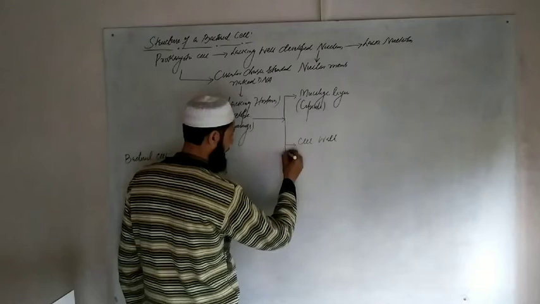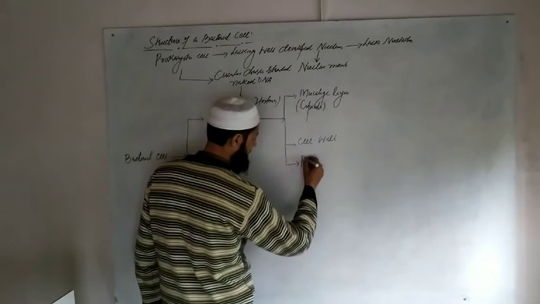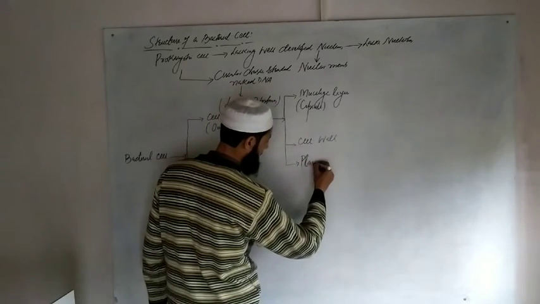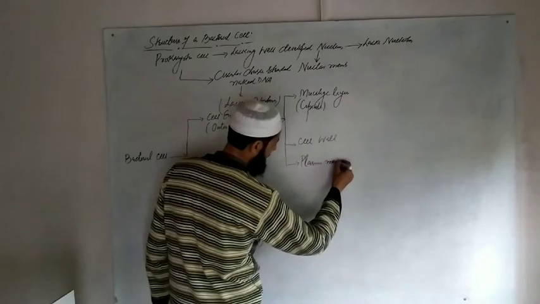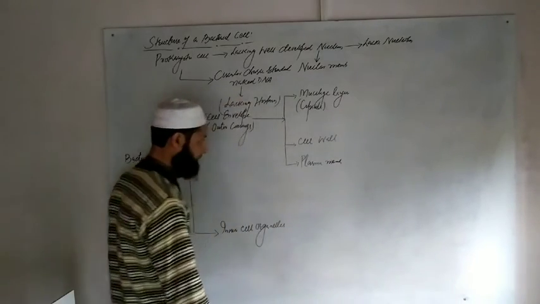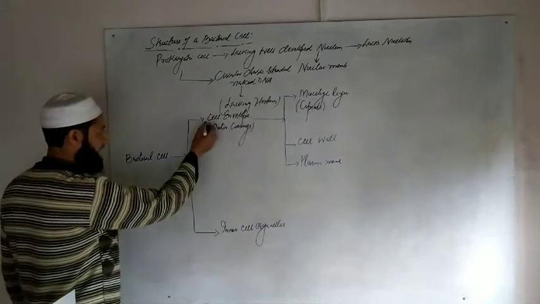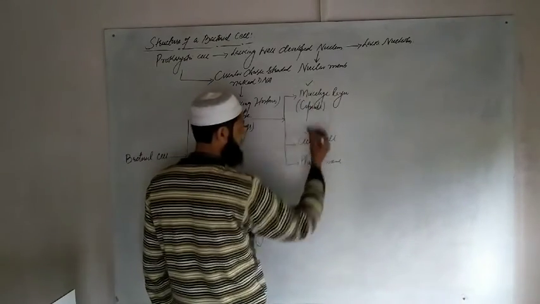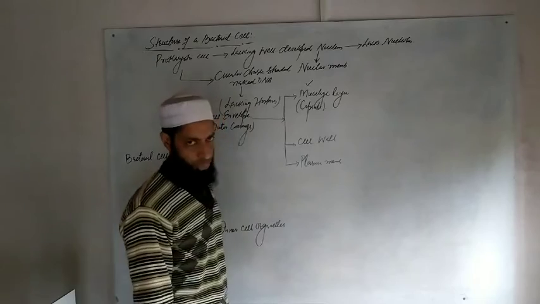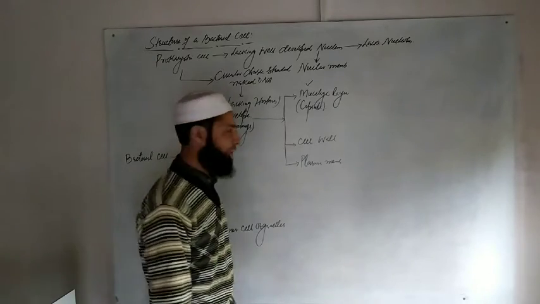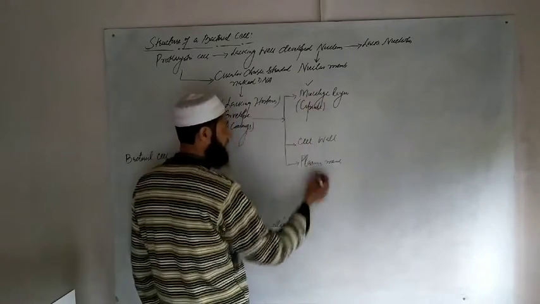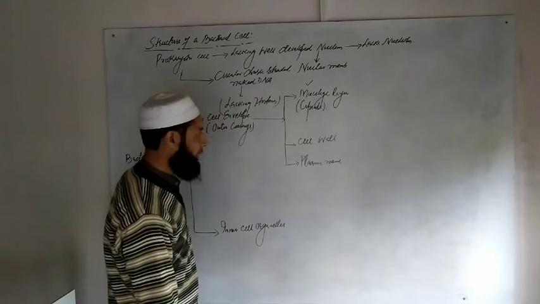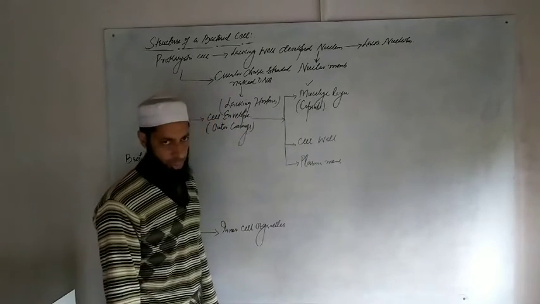Inner to the cell wall we have another membrane called the plasma membrane. In some pathogenic, virulent bacteria, the mucilage becomes a capsule. That's why these bacteria are called capsulated bacteria.